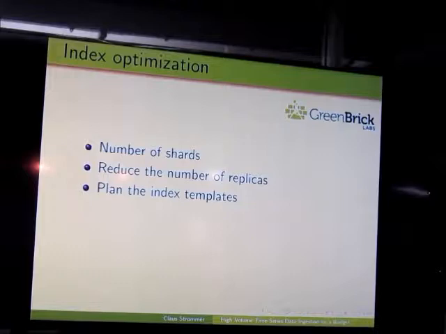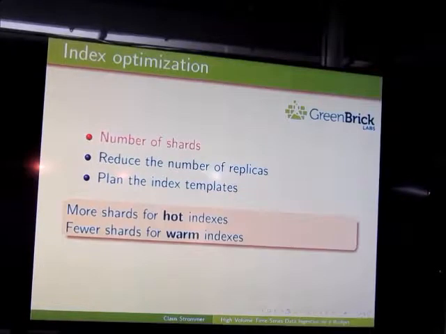So with regards to index optimization, the 3 more common steps are adjusting the number of shards, particularly for hot indexes. So indexes that you're actually writing into, you want more shards because that means you can have some writing here, some writing there, and spread out the load.